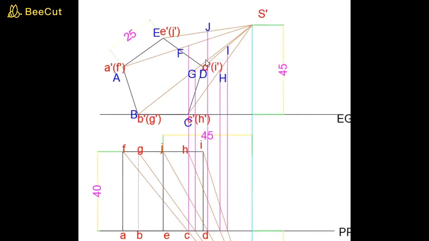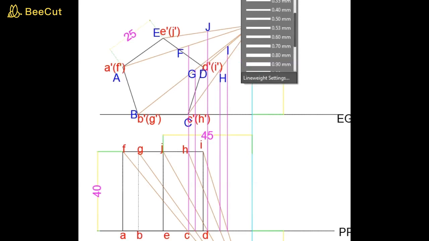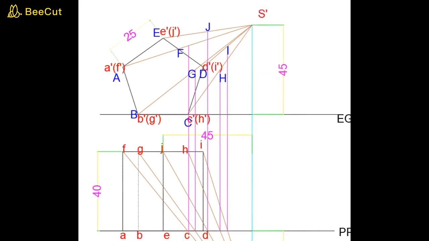Now you have 10 points, 5 points on the front surface and 5 points on the back surface. Let's join them using continuous lines. The ABCDE surface is completely visible because it is on the picture plane, on the outer boundary.